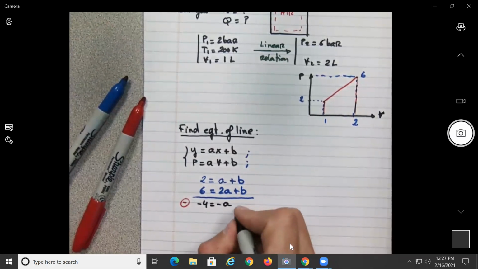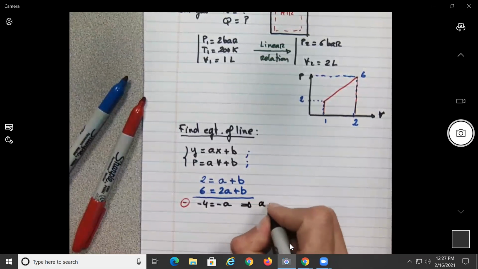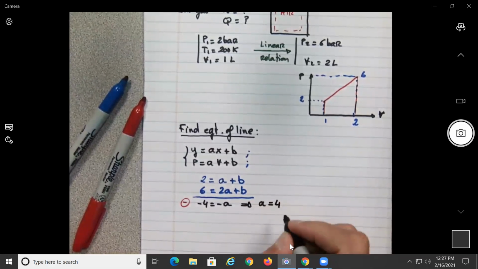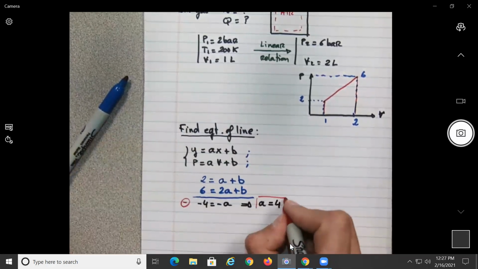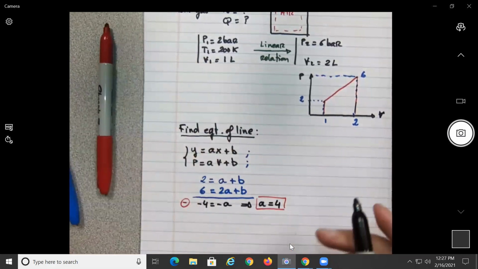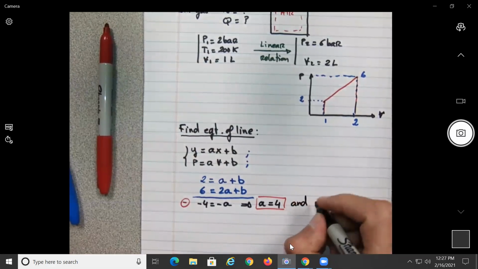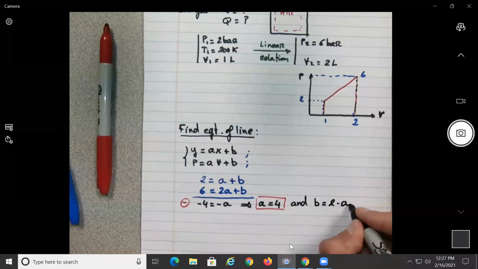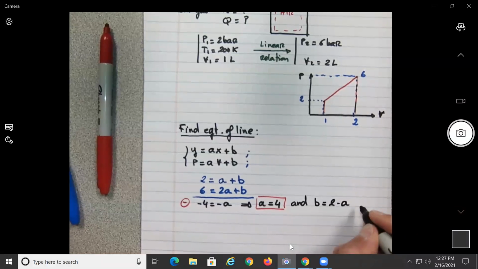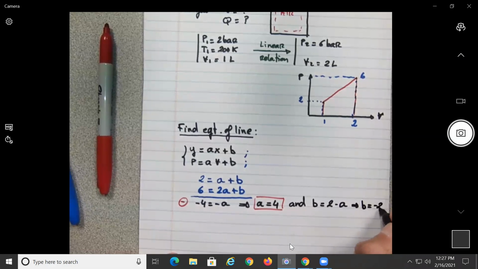So right from here, you will get that a is equal to 4. And b will be equal to 2 minus a, which means that b will be equal to minus 2.